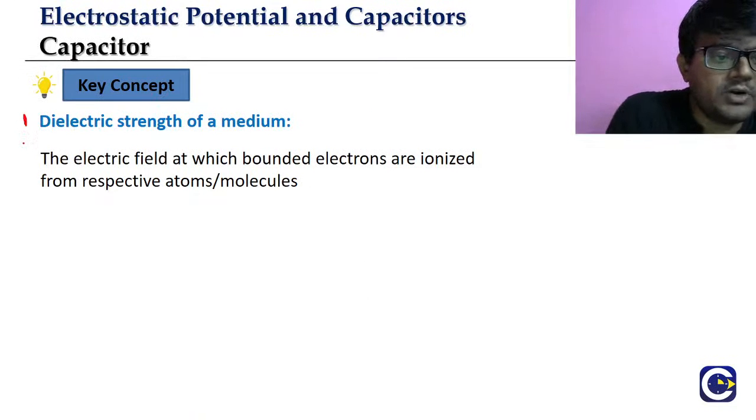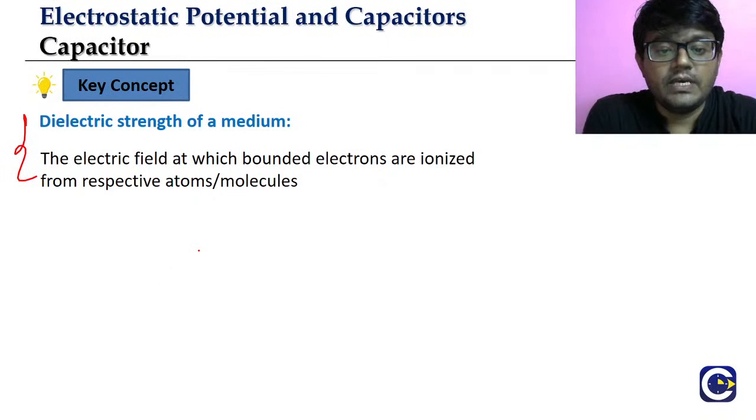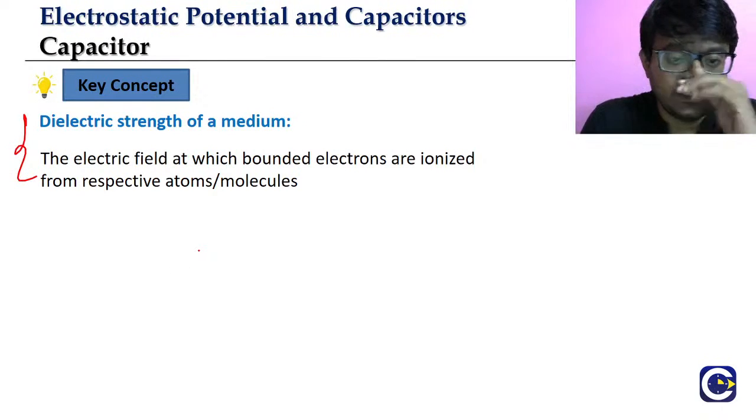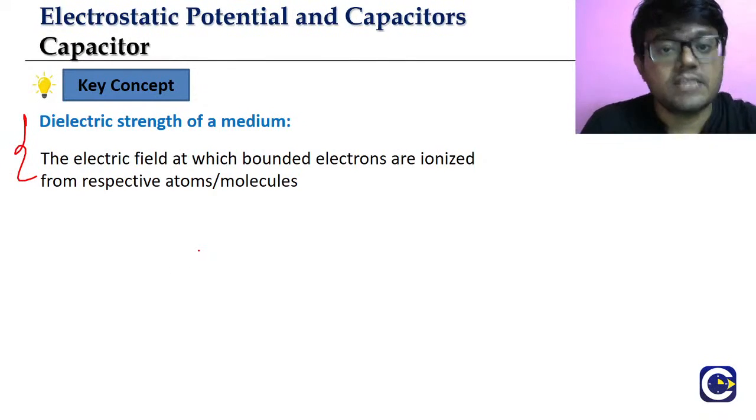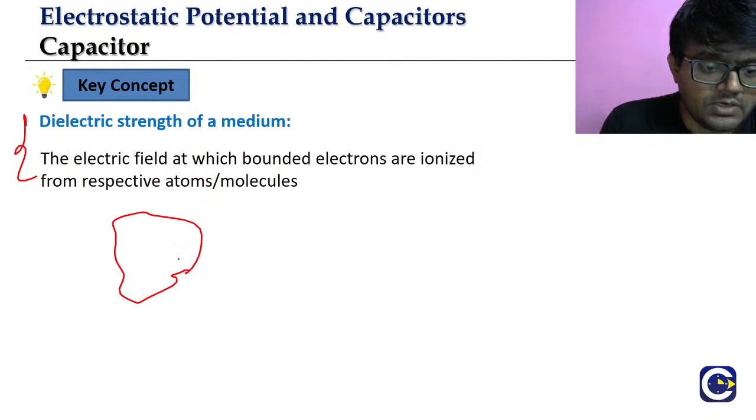This is an important concept. Initially, we said that when we are giving charge to a conductor, we cannot keep on giving the charge. After some time, what is going to happen is related to the surrounding medium. For example, take this conductor. We are giving a charge, which will be on the surface of the conductor.